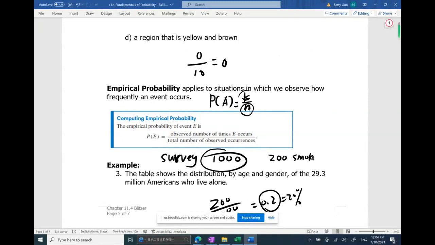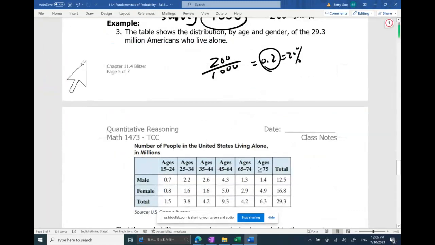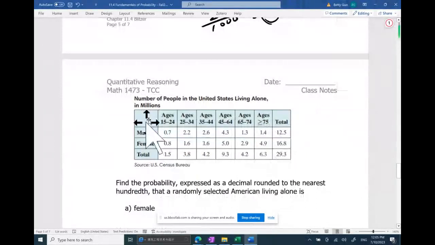Among the 1,000 subjects, you have 200 smokers, then the numerator is going to be 200. Basically, you are looking for a relative frequency. Does that make sense? So let's look at the example. When you work on MATH, you will see many problems to find the probability, but the given information is included in a table, then probably that probability is empirical.